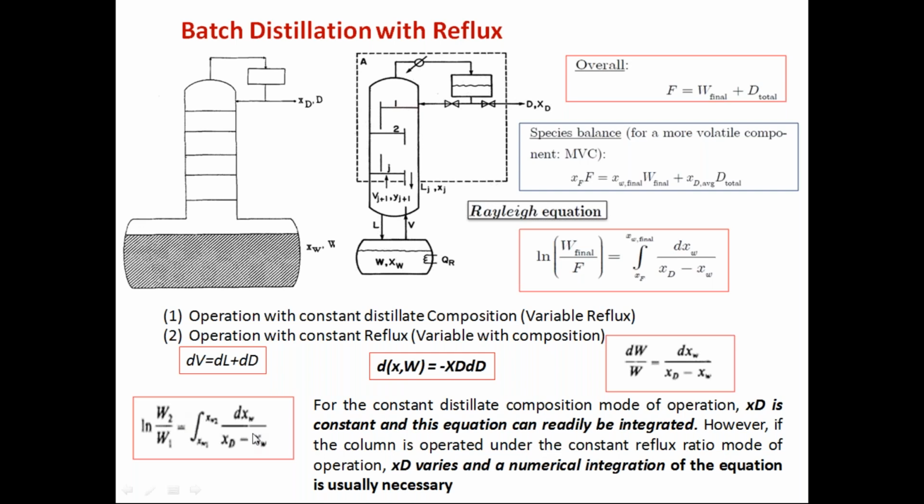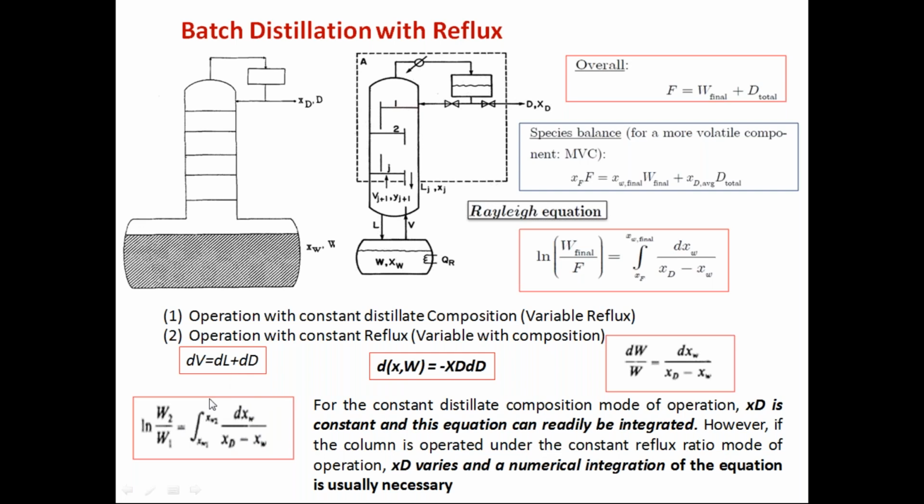So you have this equation. This equation is analogous to the Rayleigh equation. So you can see that. So initially you have W1, and finally when you stop W2, so this divided by this will be equal to this one, where XD by XW can be varied. So this is possible when XD is constant. If XD is varying, then this equation cannot be used.